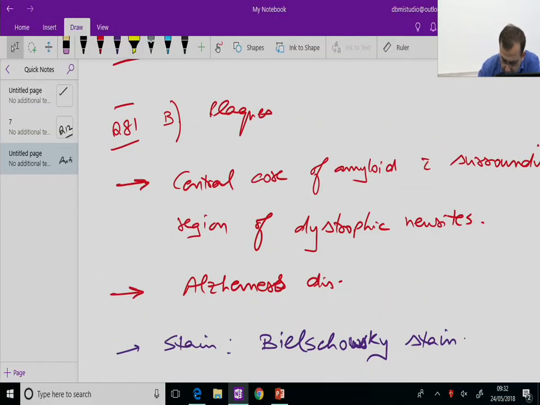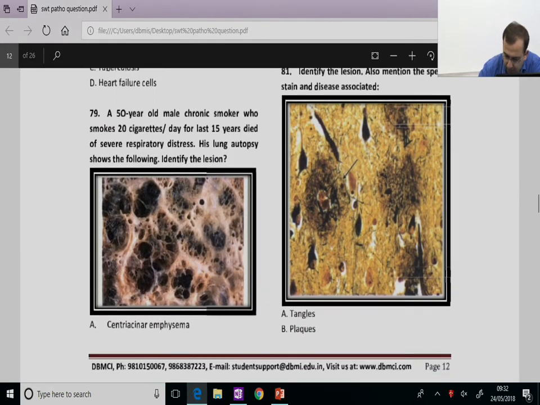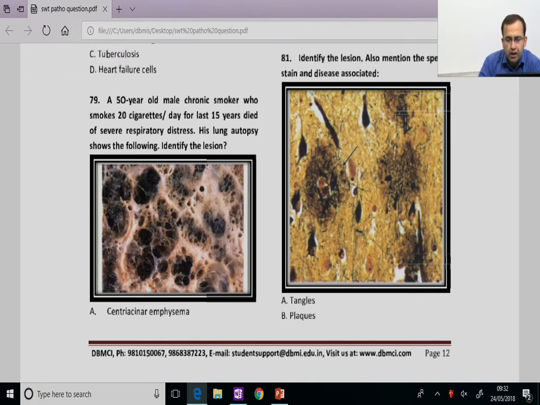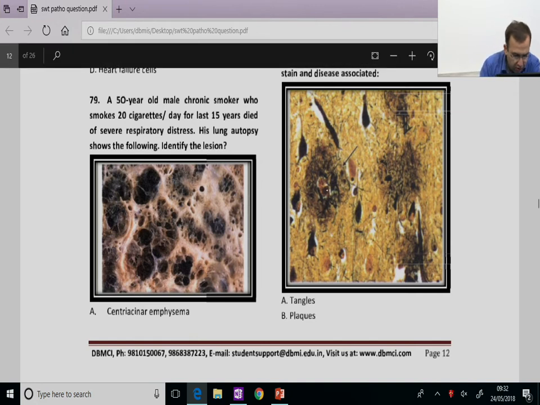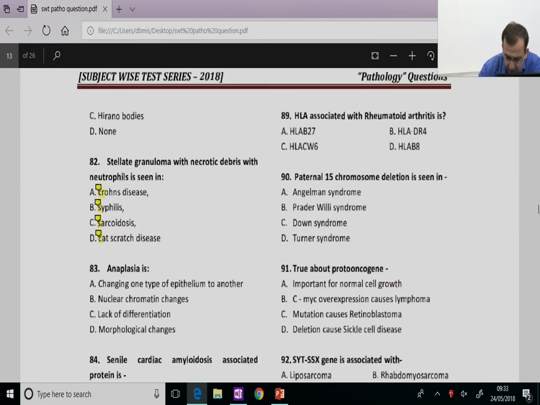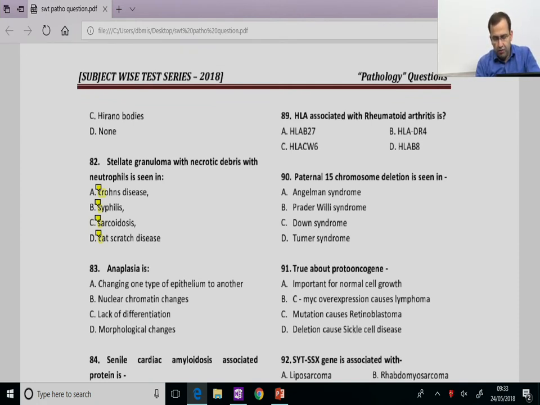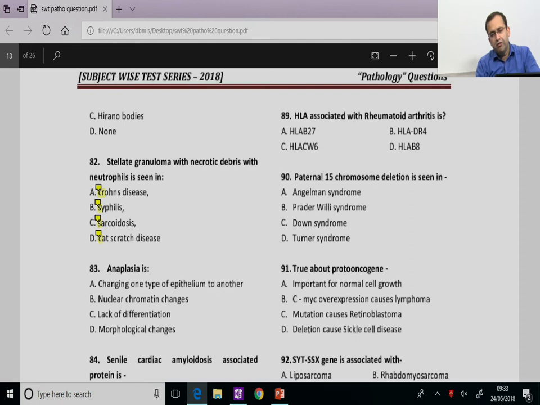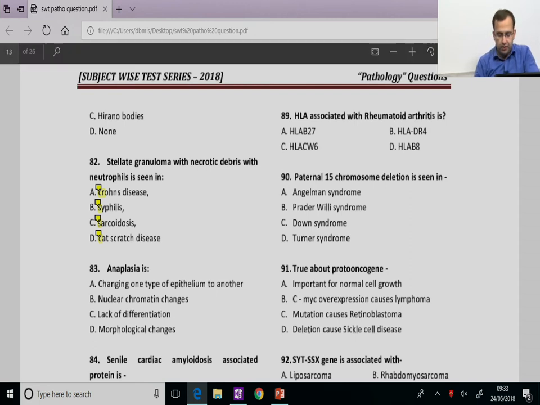Next, this gets us to question 82. So this was Bielschowsky stain with central core of amyloid with surrounding neurites. That is a plaque. This gets us to the next one, that is stellate granulomas with necrotic debris with neutrophils.